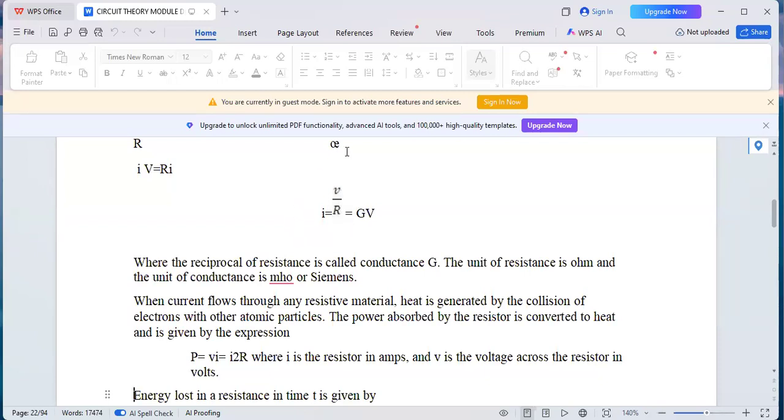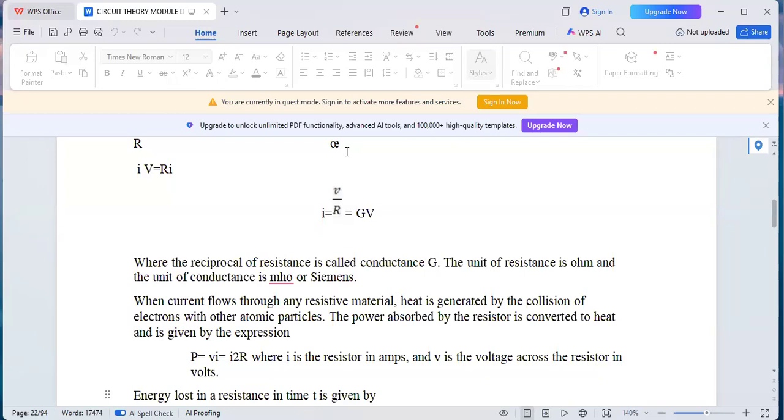So for Ohm's law, sir, I want to know whether the formula is correct, because the equal to sign is twice over there.